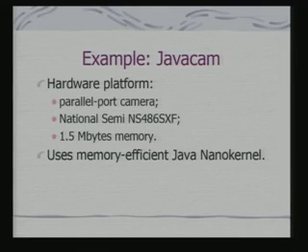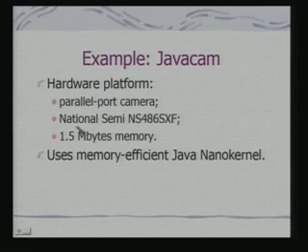Let us take an example, a Java CAM, that is a remote visualization. In fact, today you get more sophisticated systems. You get cameras which you can control. You can have pan tilt control over the internet. This is a very simple straightforward implementation around a processor which is a classical 486 processor, which can support about 1.5 megabytes of memory, and it has a parallel port interface.